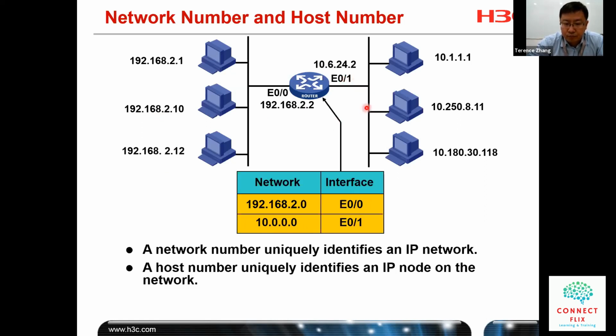So we could see for this subnet, the network address is 10.0.0.0. The network address represents this whole network, and all hosts share the same network number, 10. Interface 0/0 represents a network whose network address is 192.168.2.0.